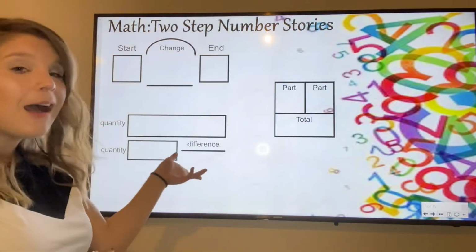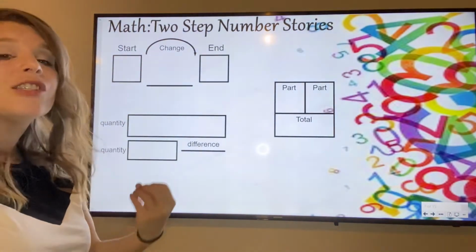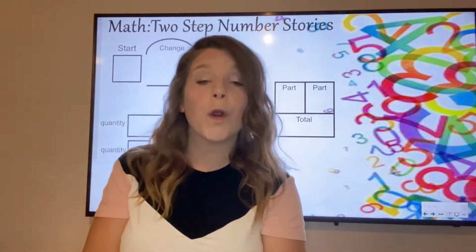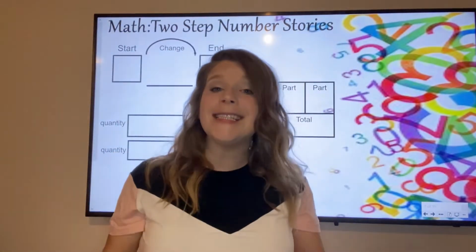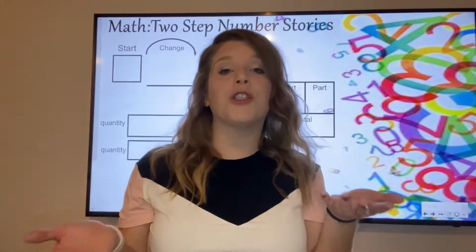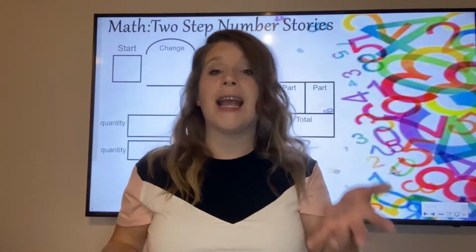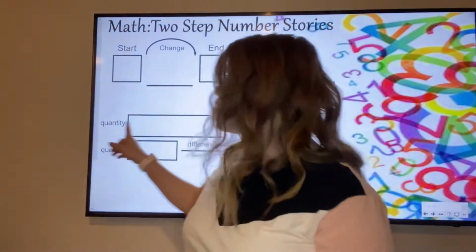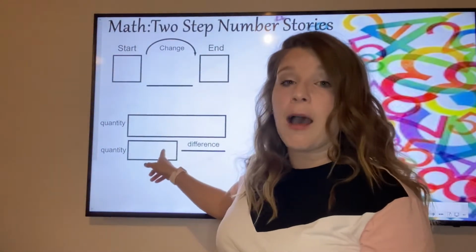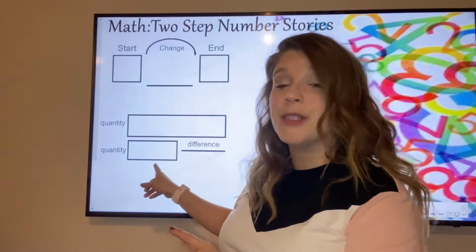It's a bar model, which helps us solve or compare word problems. So anytime you have two objects or two people or whatever, and you're trying to figure out who has more, who has less, and how many more or how many less, that's going to be the diagram that you use.